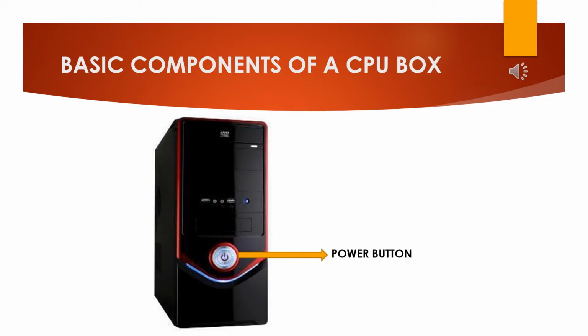In different companies, the CPU box looks different. It varies from company to company, and even in each company there are different models. But basically we should know that there is a power button on every CPU box and there is a light which blinks once you switch on the power button.